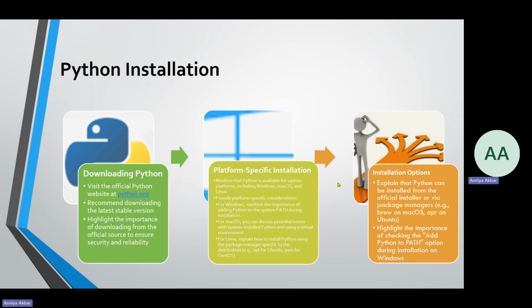And lastly, a few general tips: you should always refer to the official Python documentation for platform specific installation details and troubleshooting. You also have to use a virtual environment in Python development, irrespective of your operating system, to maintain project-related dependencies.